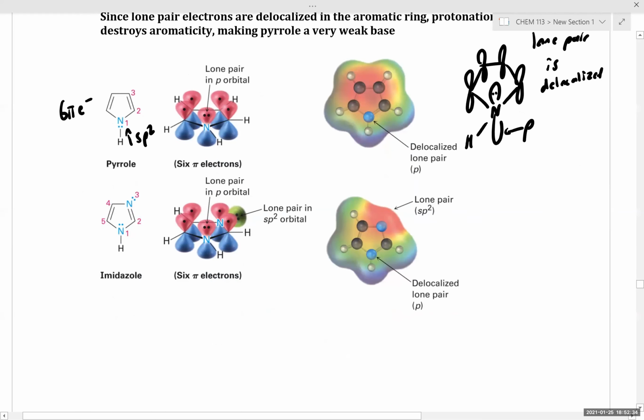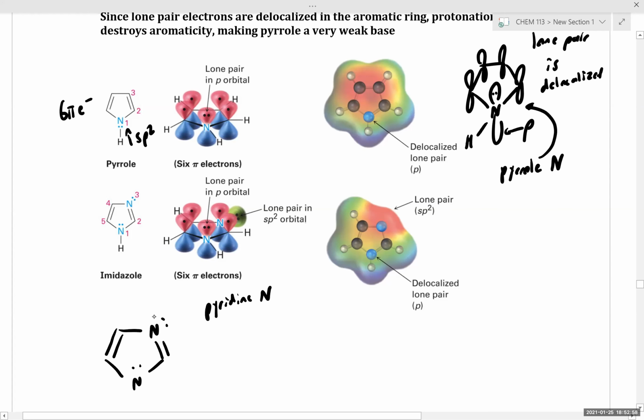Now, if we look at imidazole, imidazole is quite interesting because it has a characteristic pyrrole nitrogen and it has a pyridine nitrogen. So this nitrogen in the upper right corner is a pyridine nitrogen.